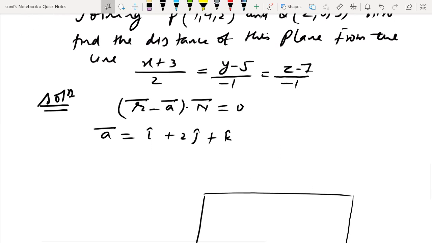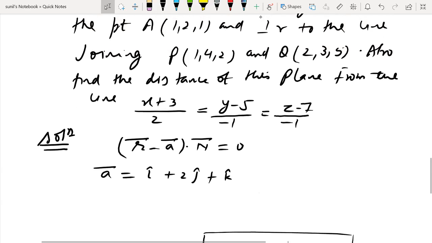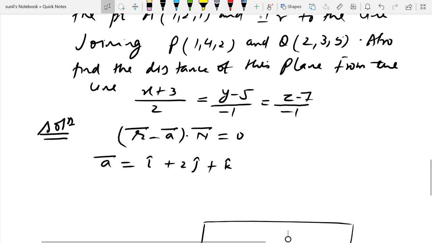Okay, it means we can claim that our normal vector will be parallel to the line. Normal vector will be parallel to this line. Okay, now let us understand that.